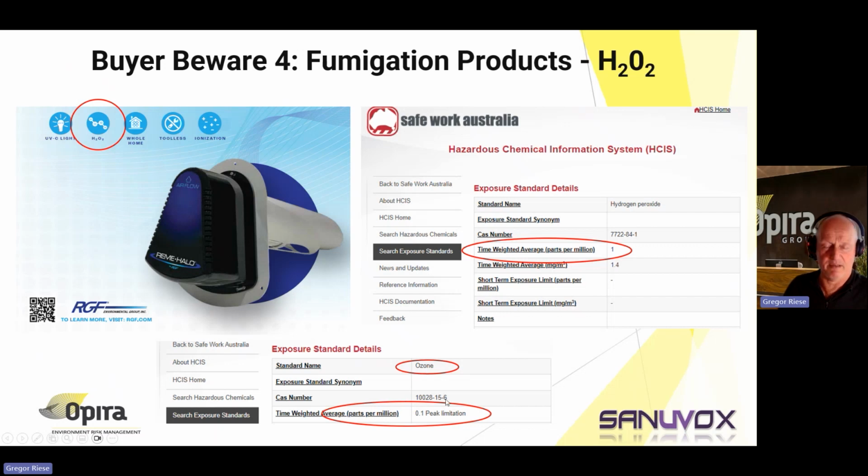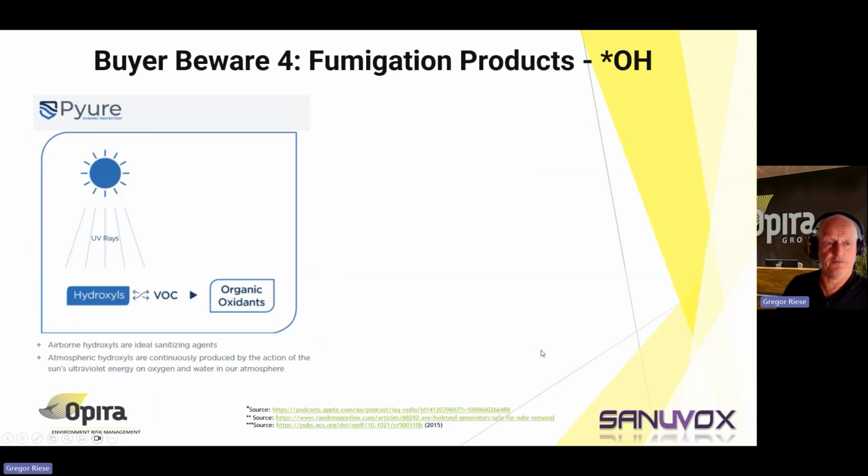And for ozone, the recommendation now coming out of ASHRAE is to have zero ozone in the breathing zone of people. We don't want to be dosing ozone into places. So there are new products coming out, and these may or may not be effective, and they may or may not be healthy for occupants.